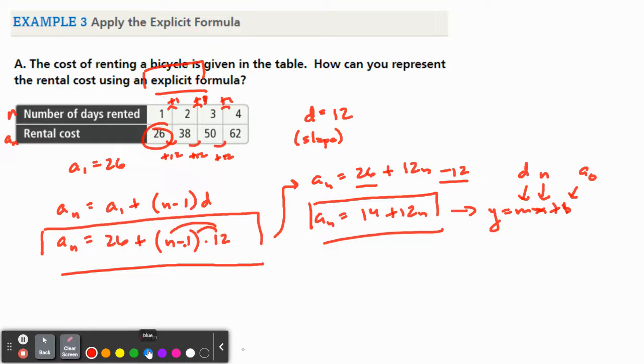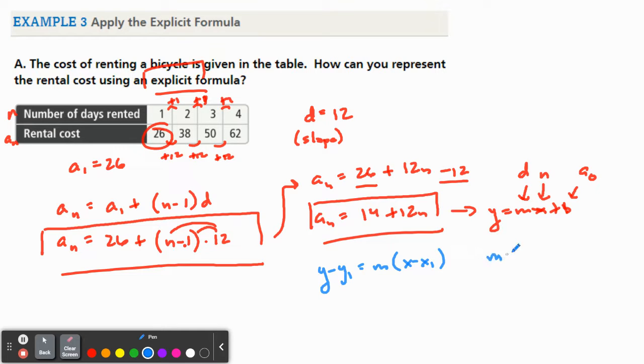So now, how else can we look at this using previous linear stuff? Well, let's just use point-slope form: y minus y1 equals m times the quantity x minus x1. However, we need to interpret this a little bit differently. Your y's are the term values, your x's are the term numbers, and your m is the difference.